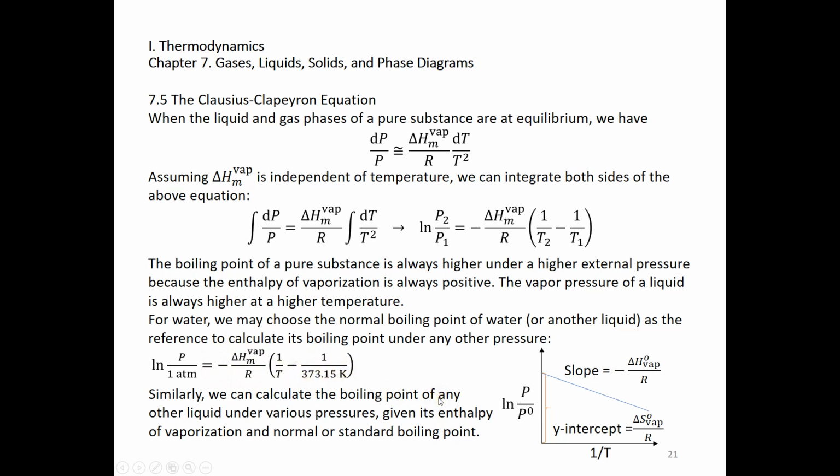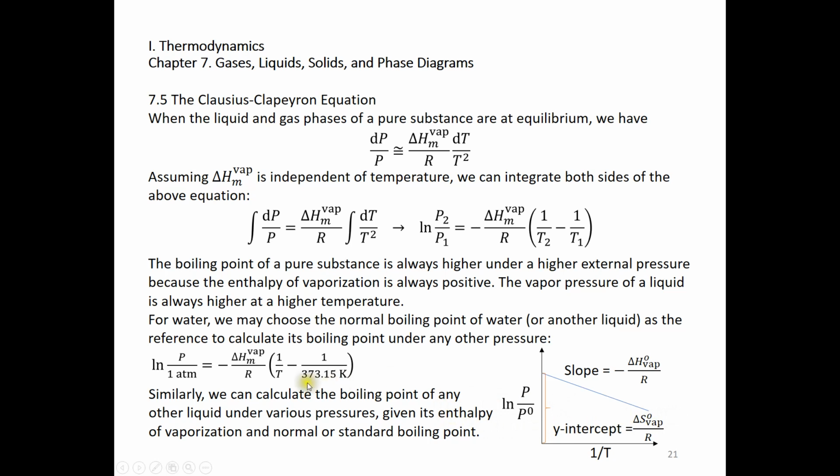Same thing. Again, when the liquid and gas phase are at equilibrium, the Gibbs energy of vaporization is 0. Therefore, the enthalpy of vaporization is equal to the temperature of the transition, or actually the boiling point, multiplied by the entropy of vaporization.